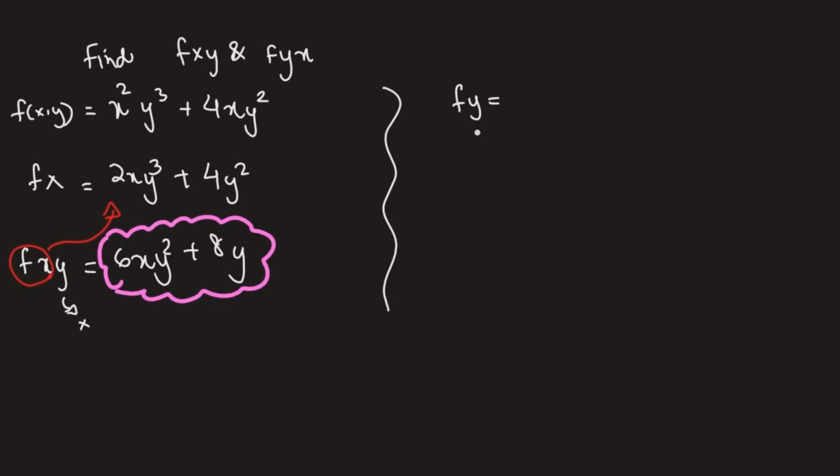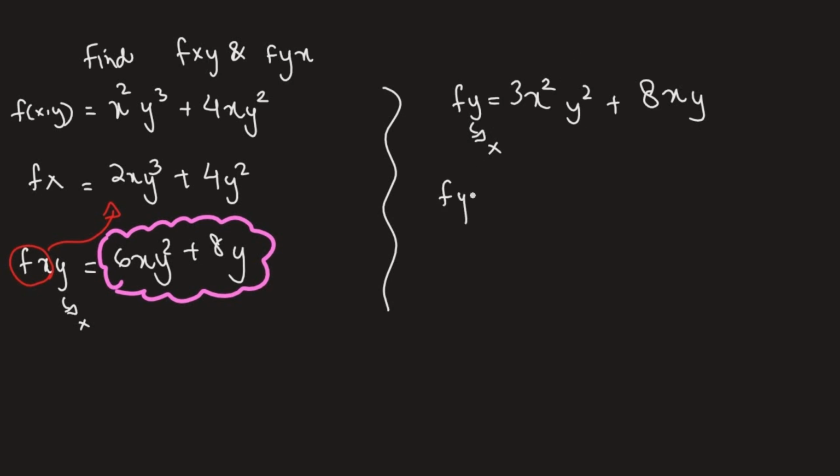So now you know x is a constant, so here we can differentiate it, so x squared, so 3y squared plus, okay, now 4 times 2, that's going to be 8. So 8 x and y. So this is our f of y.